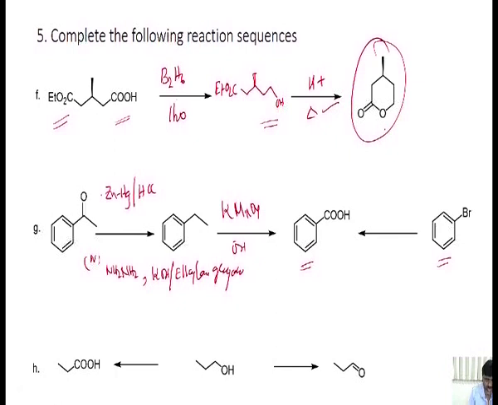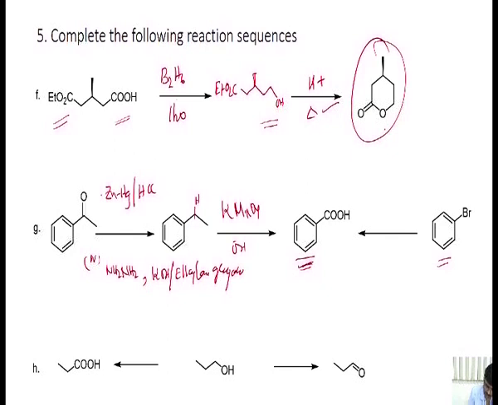Whenever you have the benzylic CH bond, those alkyl benzenes can be converted into benzoic acid irrespective of the alkyl substituent. It can be methyl, ethyl, isopropyl. Once we have the benzylic CH bond, this can be converted into benzoic acid.